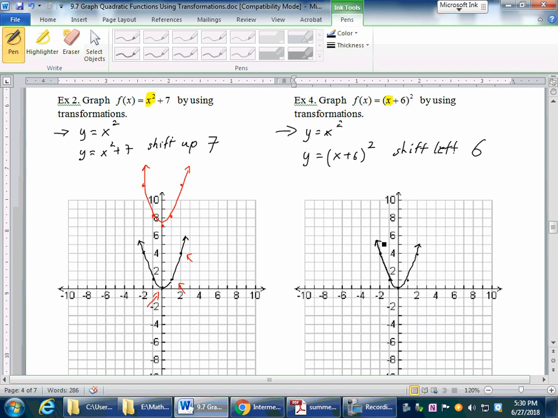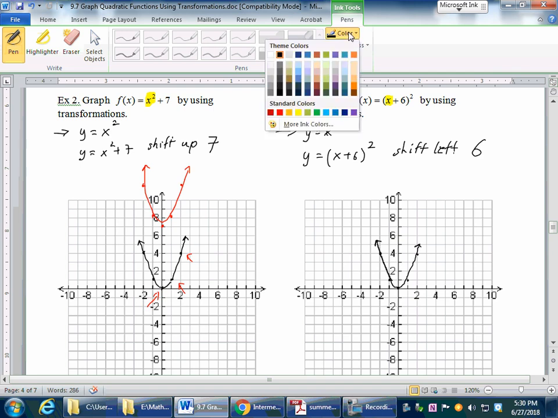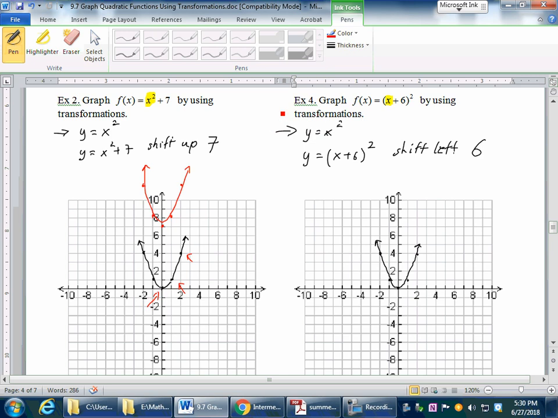And now we're going to shift this to the left 6 units. Shifting this point to the left 6 units will be right here. Shifting this point to the left 6 units will become right here. And then shifting this point to the left 6 units, that will become right here.